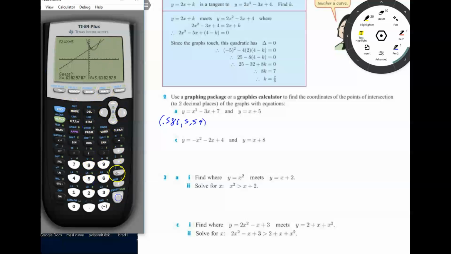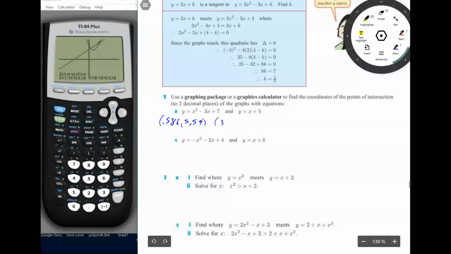First curve, second curve, and then I move the cursor over with the right mouse button, toward the second intersection point. Hit enter. So the second intersection point is actually 3.41, comma, 8.41. So there's 2 intersection points, which we found both with second calc intersect.